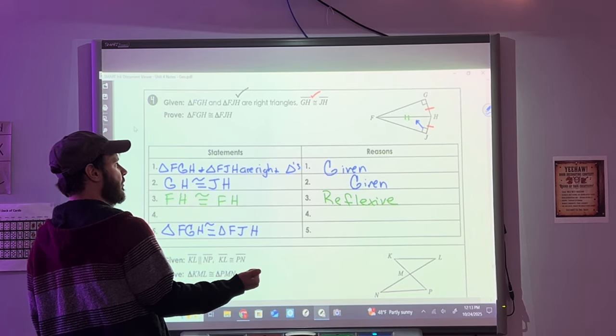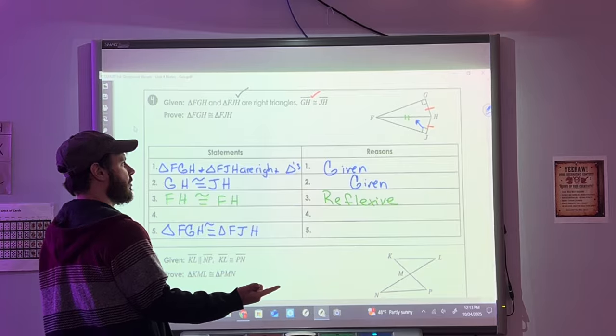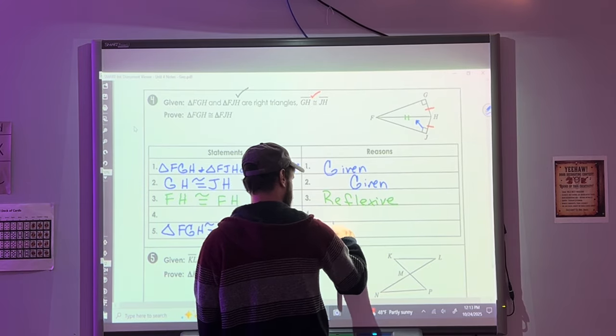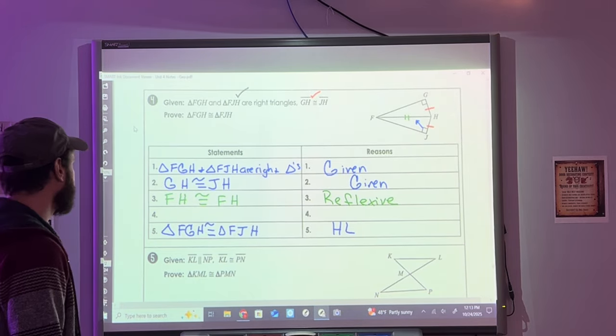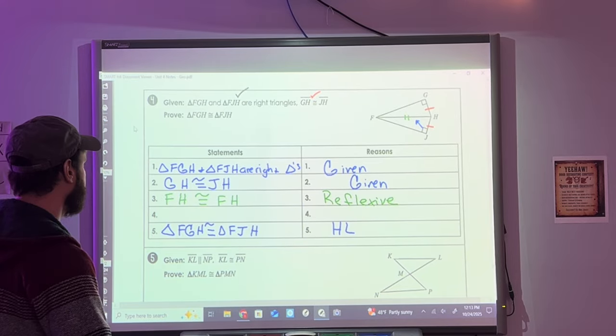They're right, it gave me that. It gave me that those two pieces, the small red pieces, are congruent to each other. I'm just gonna put hypotenuse leg down here. And until I figure out why they put another box there, I'm gonna call that good. Yeah, I think that's okay. We did not need all those boxes.